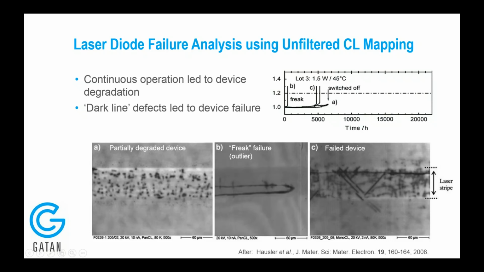Particularly device B and device C have failed, and you can tell that from the current map over time. You see that it spikes rather dramatically, and the failure mode can be seen from the CL data at the point when these dark line defects nucleate within the device. So you can use CL as a way of detecting and identifying where failure modes occur within your laser structures.